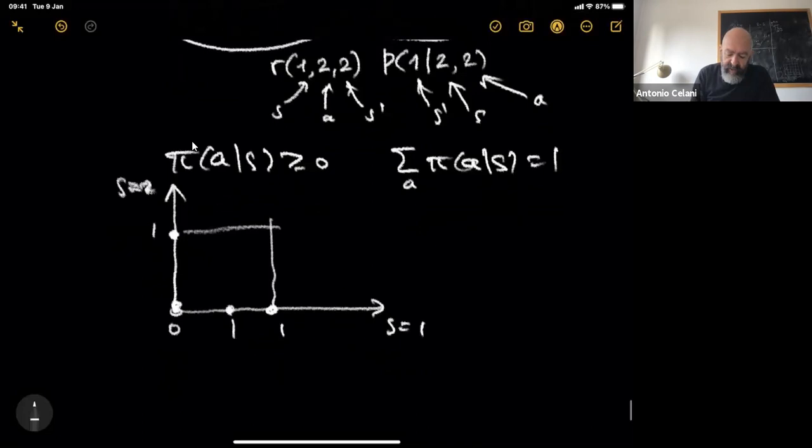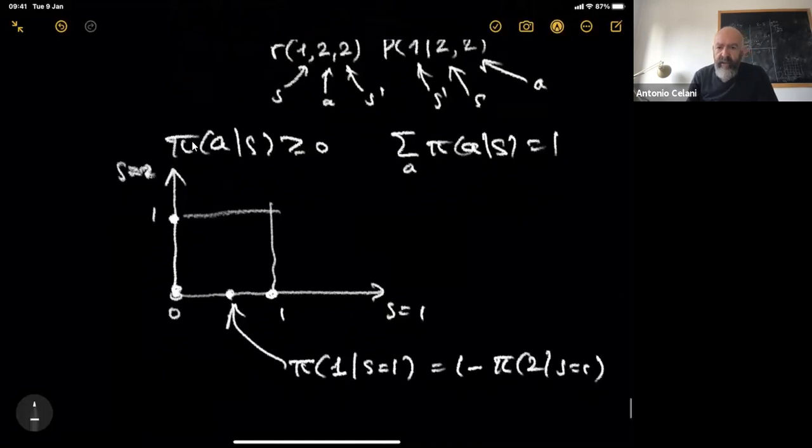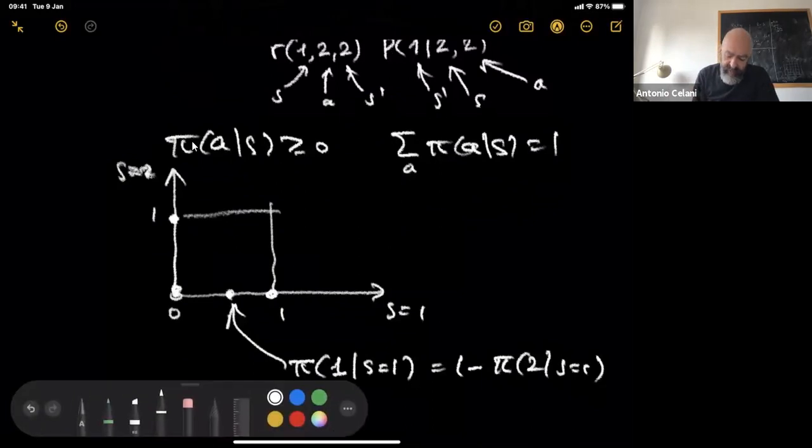So for instance, here every point would be the probability of picking action 1, given that I am in state 1. And of course, since pi of 2 is equal to 1 minus pi of 1, I don't need to introduce another object. So the simplex, that is the space of probability distributions for just 2 actions, is just this segment here.